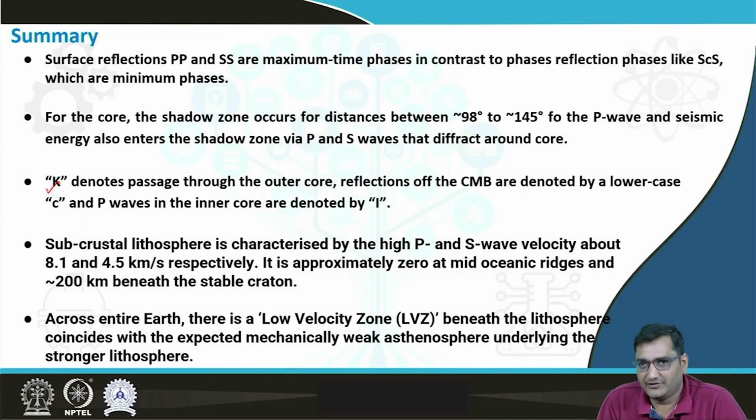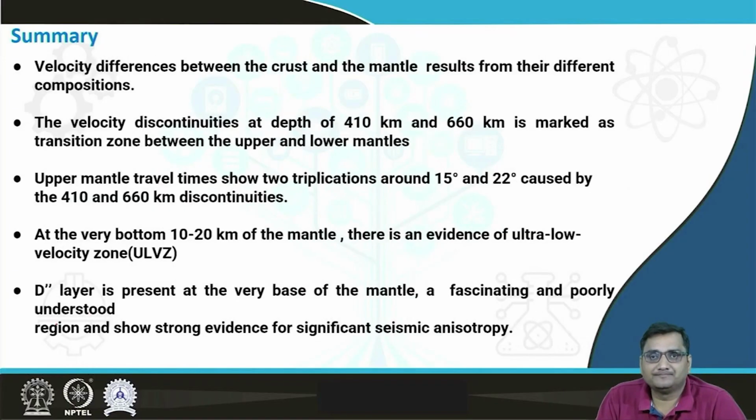As I told you, the cratons are the part of the earth which has not seen a considerable amount of tectonic activity in the past several years of history, and these are also known to be the heart of the continents. Across the entire earth, there is a low velocity zone beneath the lithosphere, which is expected to be the mechanically weak asthenosphere underlying the stronger lithosphere.